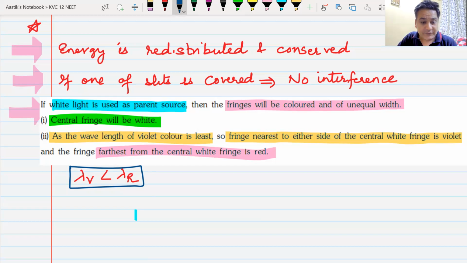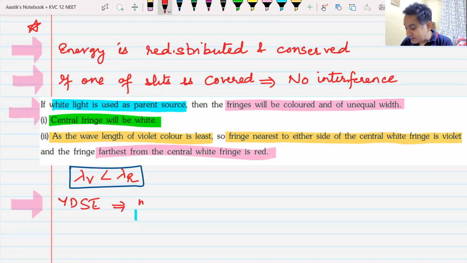Now, this interference pattern obviously can be observed with white light, but normally whenever we are doing YDSE, it is done with monochromatic light. So Young's double slit experiment is conducted with monochromatic light. What do you mean by monochromatic light?